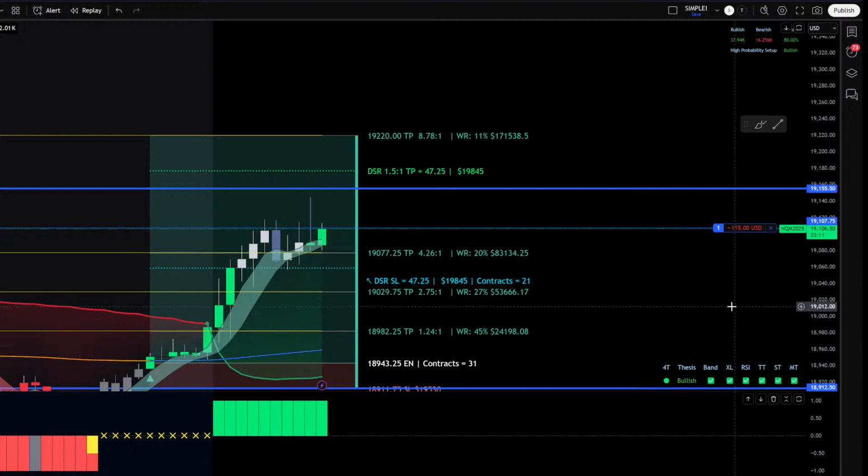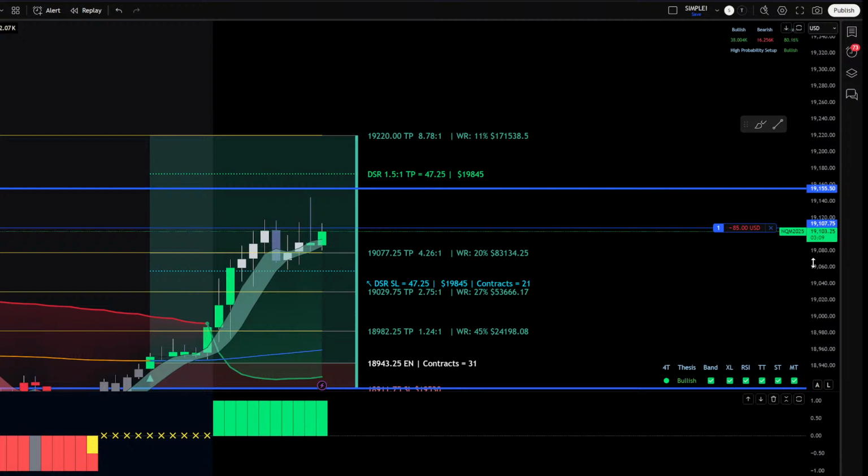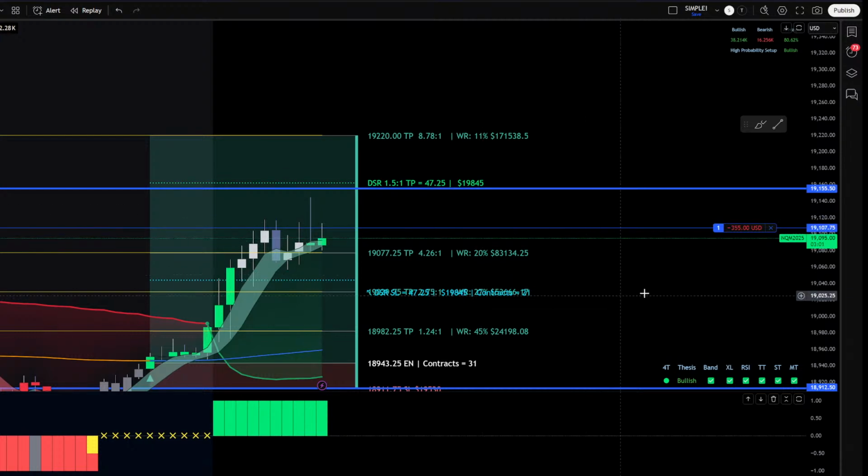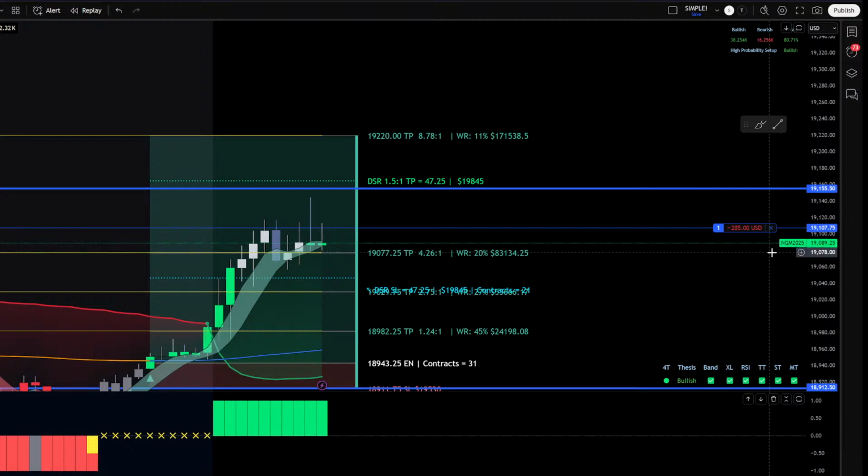Let's see. Oh, the stop would actually be the break below this level. No, below the band, below this level.